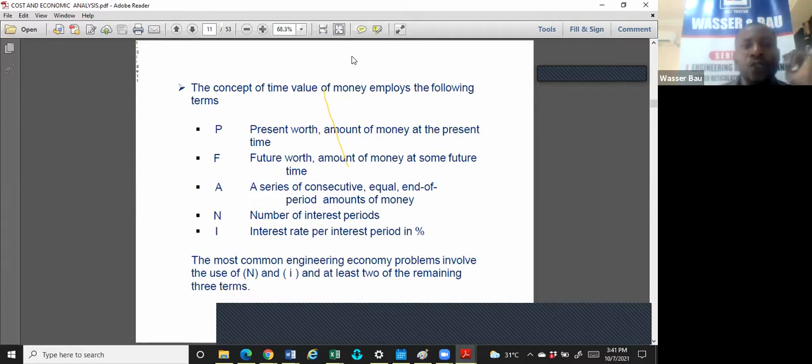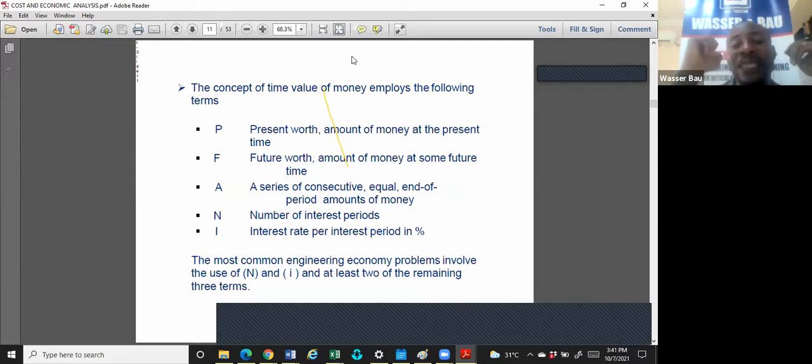Okay, so all the terms that I have explained bring us to 5 of them. All the things that I've talked about, I would like you to take cognizance of 5. These 5 are more important and more recurring in our project analysis. In other words, you'll be encountering these 5 more often than not. The first one is the present worth.